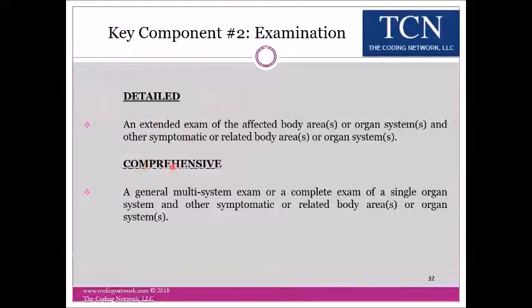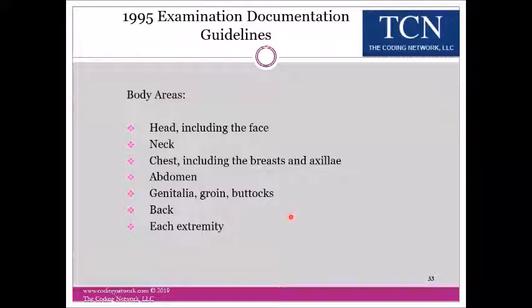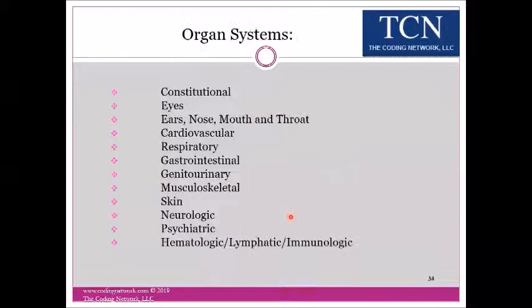Keep in mind that the comprehensive exam, which actually requires 8 organ systems to be documented, is needed for your new patient level 4 and 5, or consult level 4 and 5. Interestingly, the 1995 exam guidelines, which are the ones that you're typically following, make a distinction between body areas and organ systems.